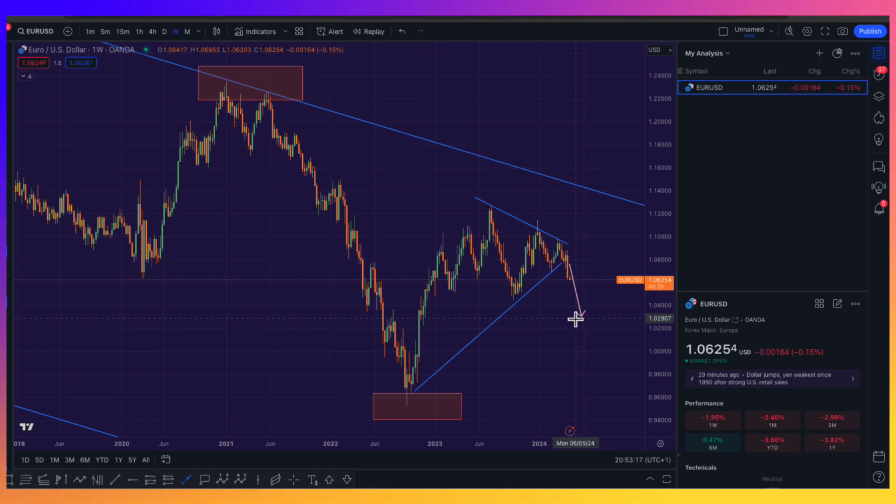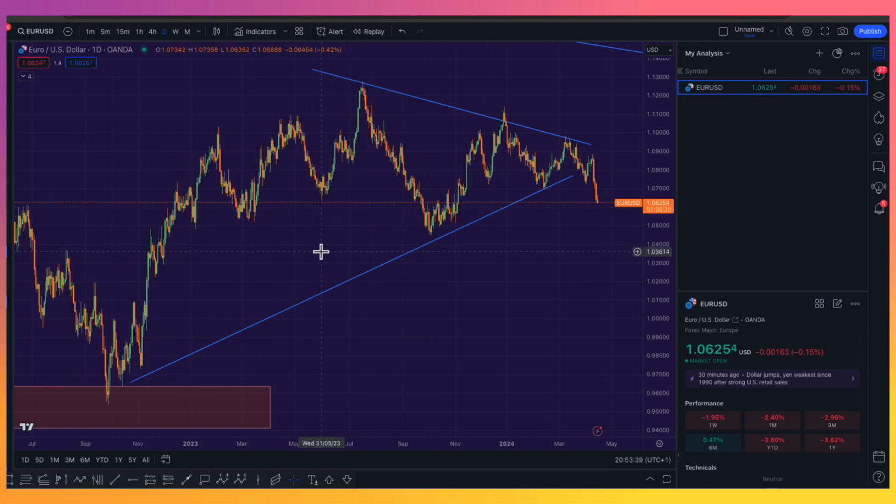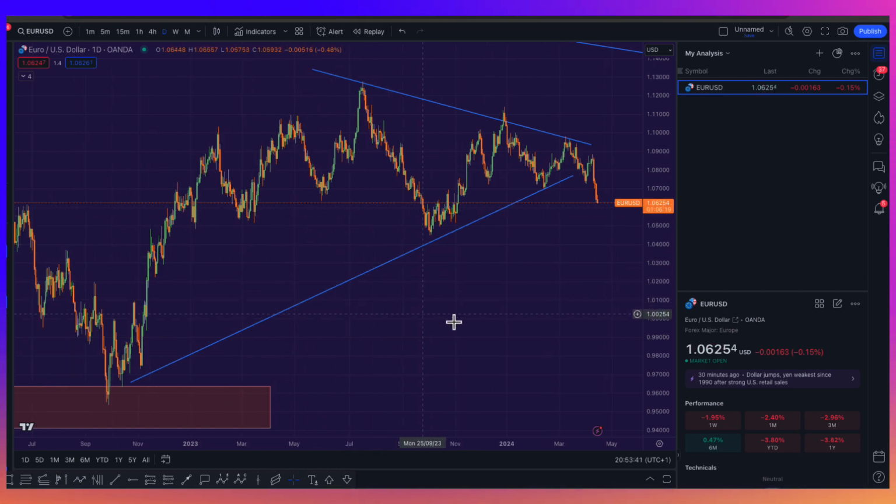But how can we be sure about the target of the market when it's going low? What I'm going to do right now is use maybe the daily chart. So I'm going from the weekly to the daily, and now I can start analyzing where the market is going.